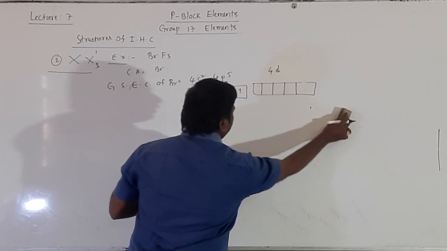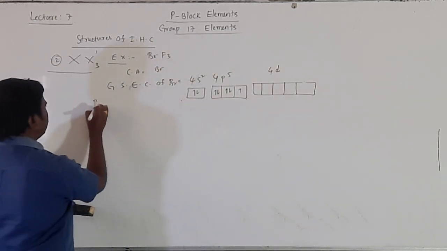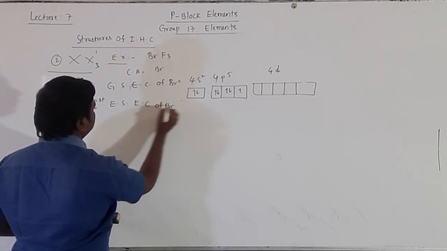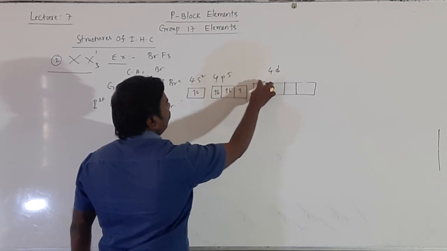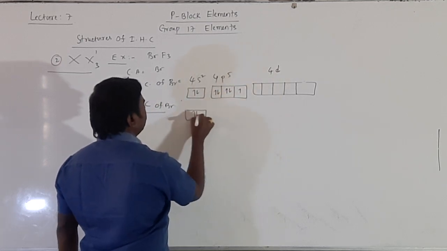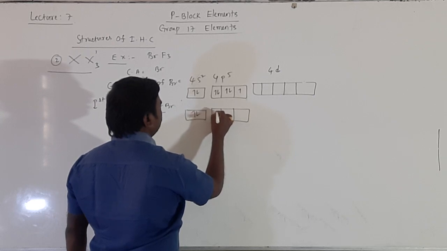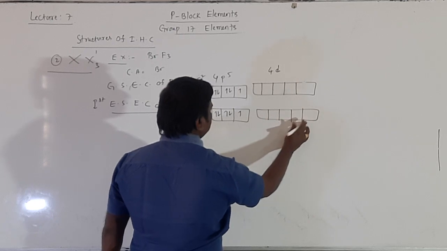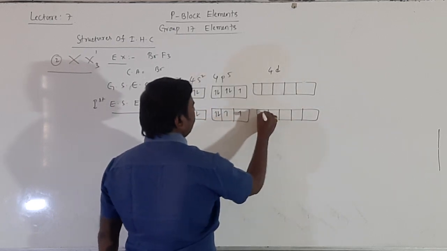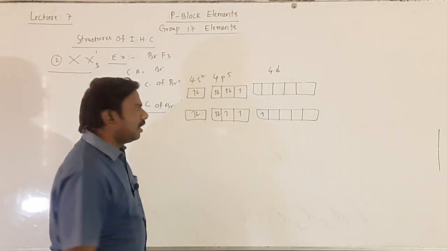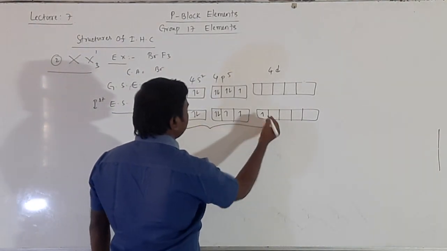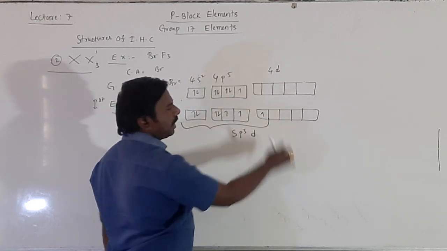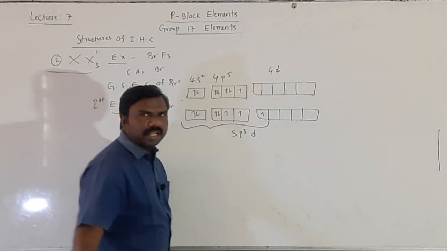Now I would like to take the first excited state electronic configuration of bromine. This electron will jump to 4d. Again it undergoes sp3d hybridization. 1s, 3p and 1d are involved in sp3d hybridization.